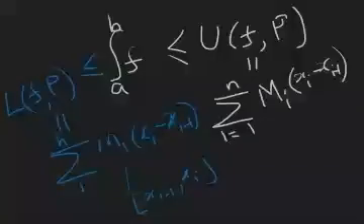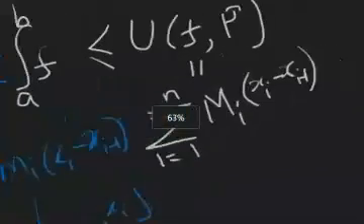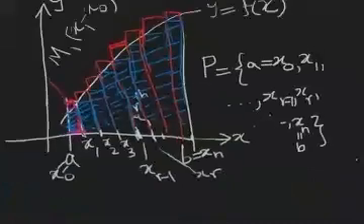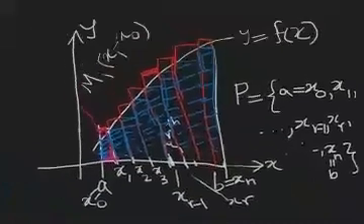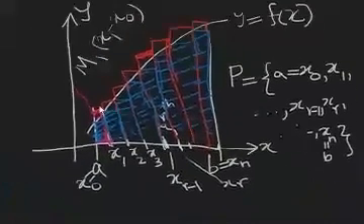From this picture here, the red is denoted by the upper sum, and the sum of areas of the blue color rectangles is the lower sum, right?